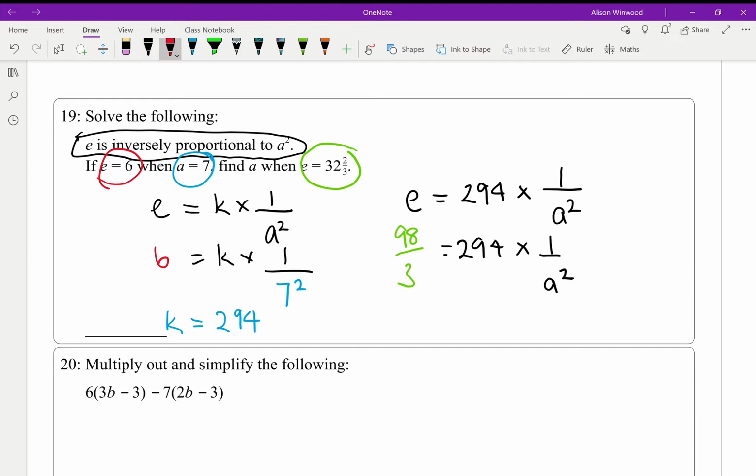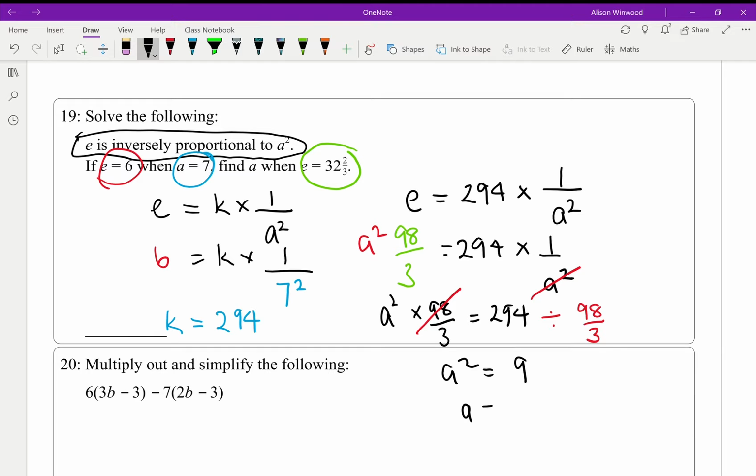So I'm going to multiply up by a squared, so I get a squared times 98 over 3 equals 294. Opposite of multiply is divide, which tells me that a squared equals 9, and therefore a equals 3.